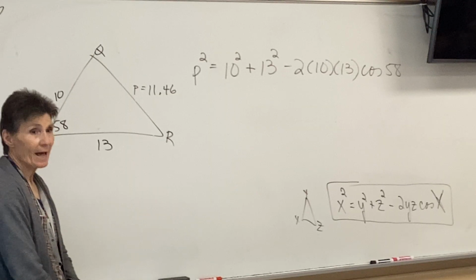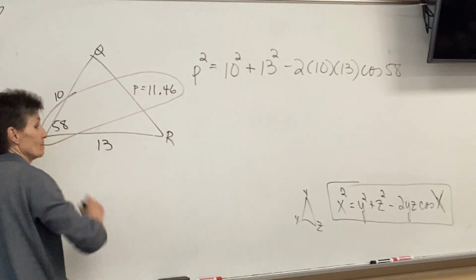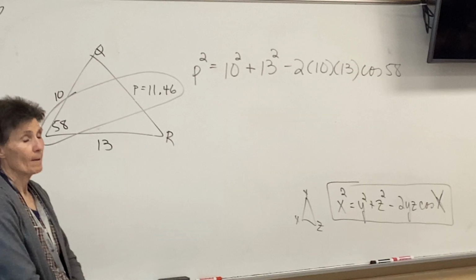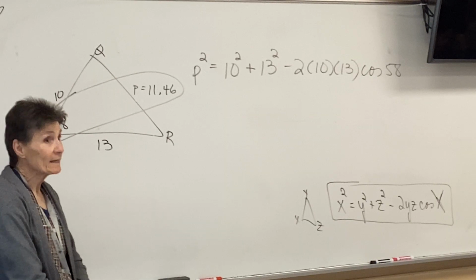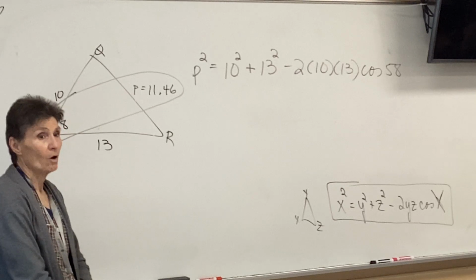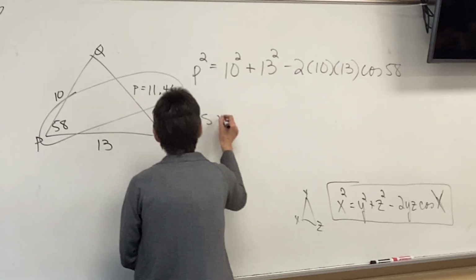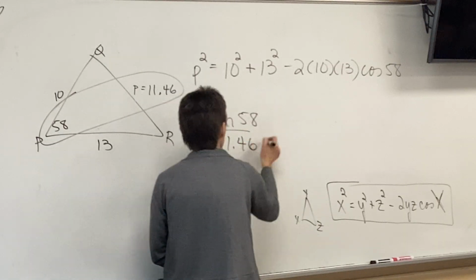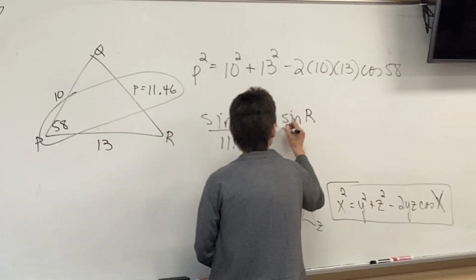However, at this point, look here, guys. What have I got now? I got a pair now. I got a set. So what can I do now? Law of sines. So sine 58 over 11.46 equals sine R over 10.